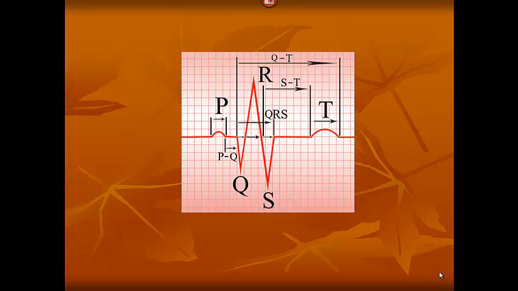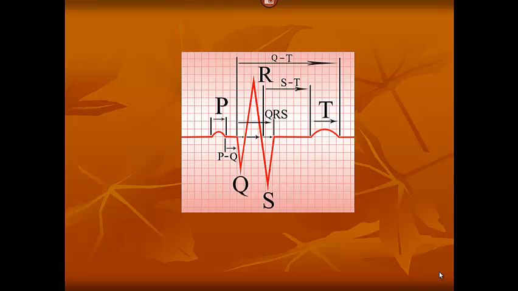Intervals are the time between 2 specific EKG events. The intervals most commonly measured on an EKG include the PR interval, QRS interval, QT, and RR interval. What are the segments? The length between 2 specific points of the EKG, which are supposed to be at the baseline amplitude, not negative or positive.